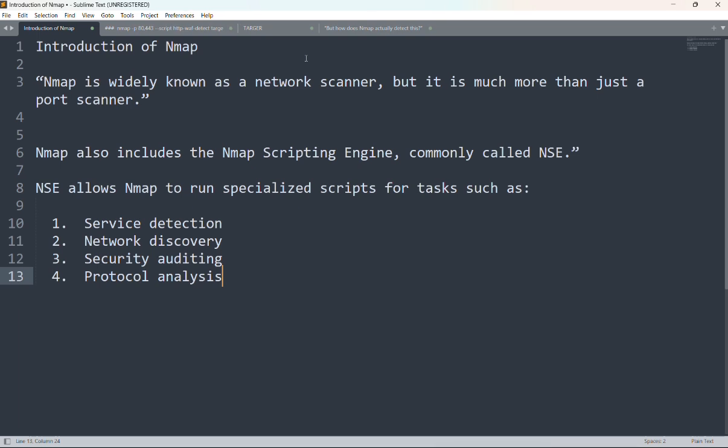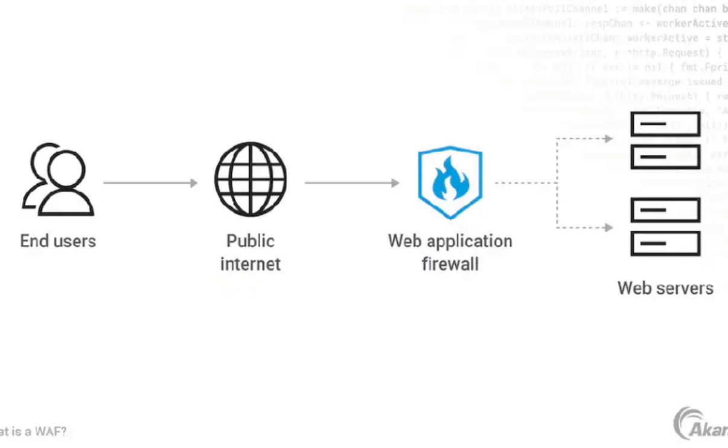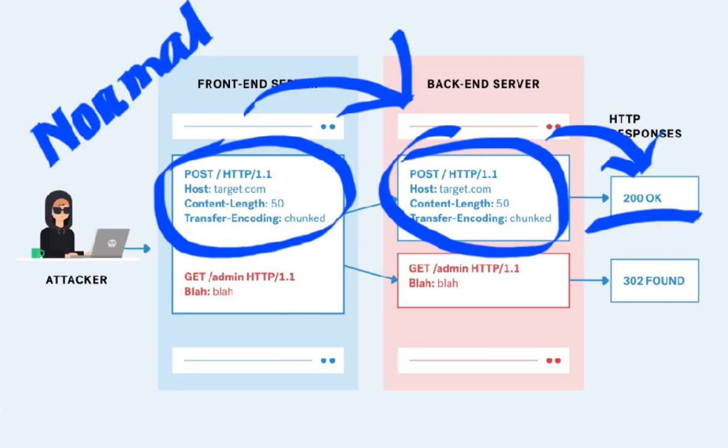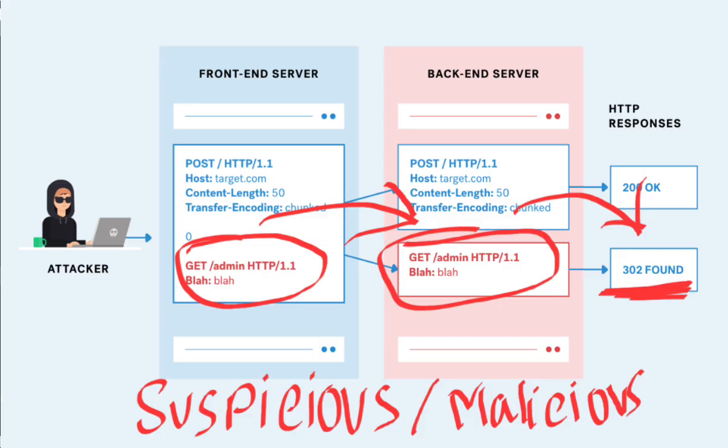So before we discuss WAF, we need to understand what a WAF actually does. So you can see WAF actually sits between the internet and the web application. So that means it's between the user and the web applications. A web application firewall is a security layer designed to protect web applications by inspecting HTTP and HTTPS traffic. For example, a normal request might look like this, and the WAF examines the request and asks, is the request normal or does it contain something suspicious?